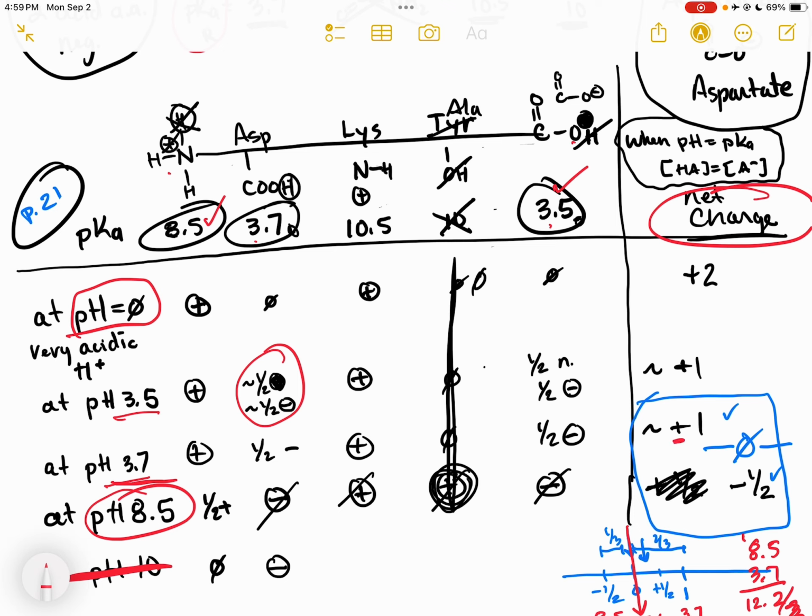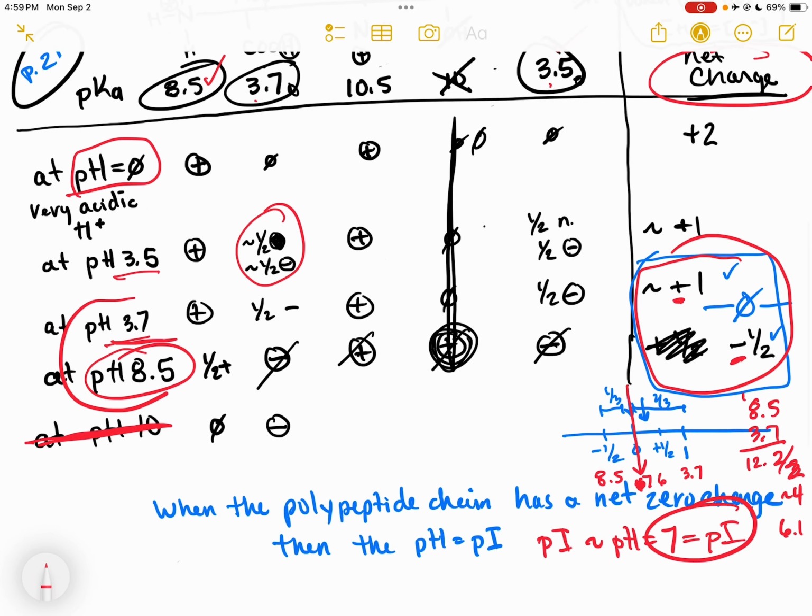And then once you switch from positive to negative, that's where you've got to take the average or find what is the pH halfway in between, or in this case, 1/3 or 2/3 of the way in between. When the charge changes from positive to negative, in between there is where the 0 charge is, and that's where your PI is.